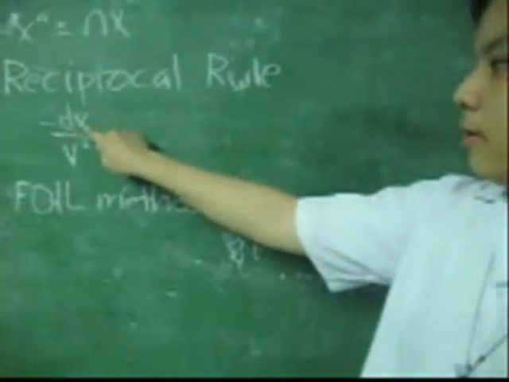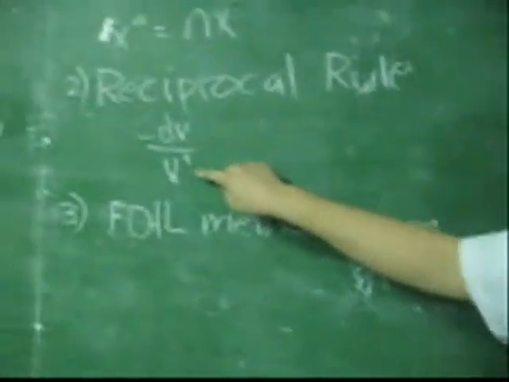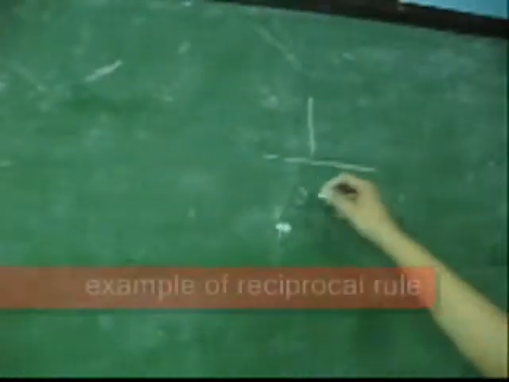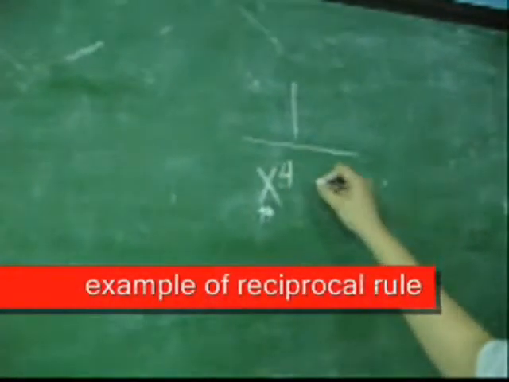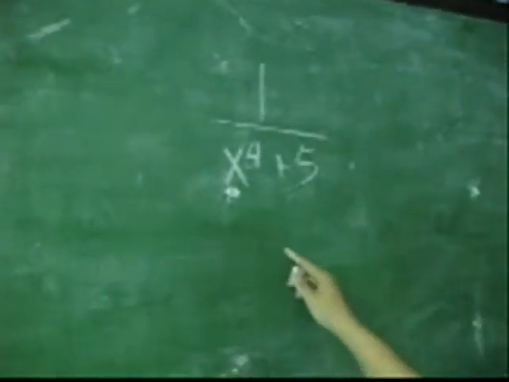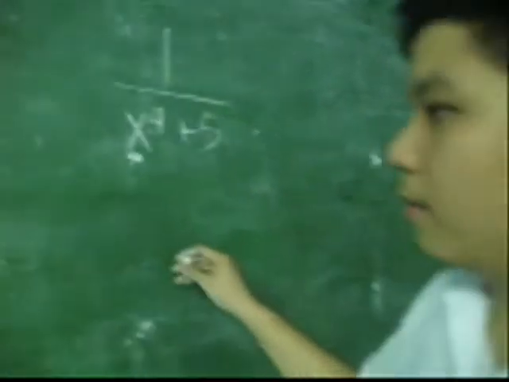So the next one is the reciprocal rule. So the equation is negative derivative of denominator over denominator squared. So it's like this. I have an example. 1 over x to the 4th plus 5. So first, you will get the denominator's derivative.